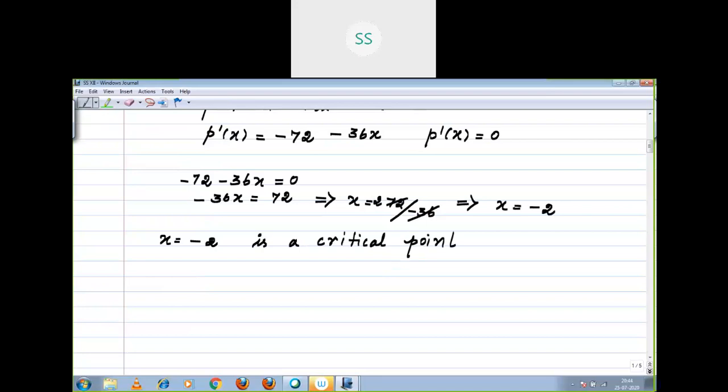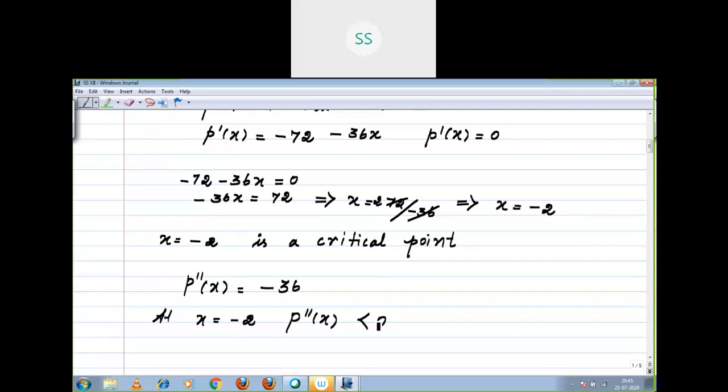The next step, you want to do the differentiation again. P''(x) = -36. At x = -2, P''(x) is less than 0.